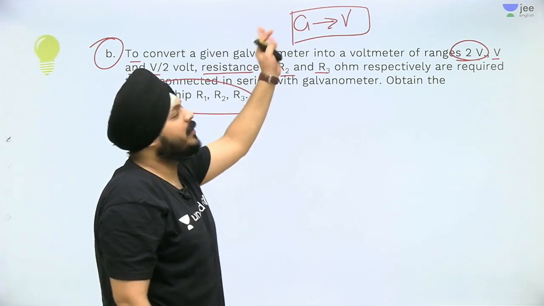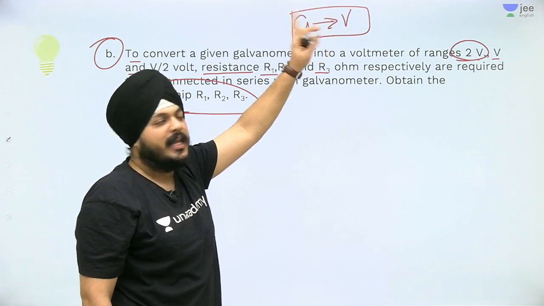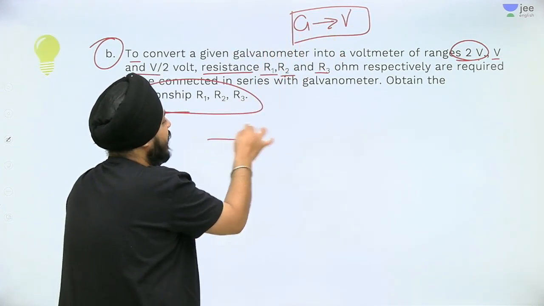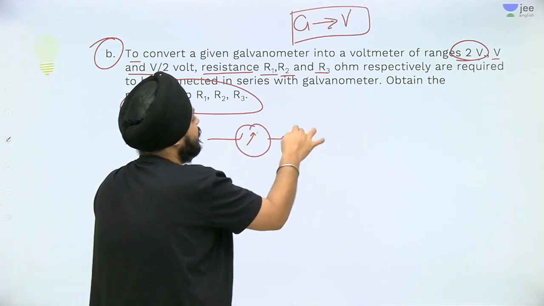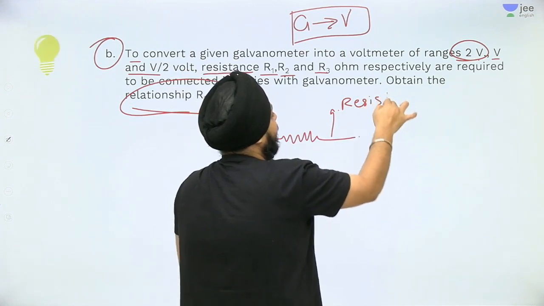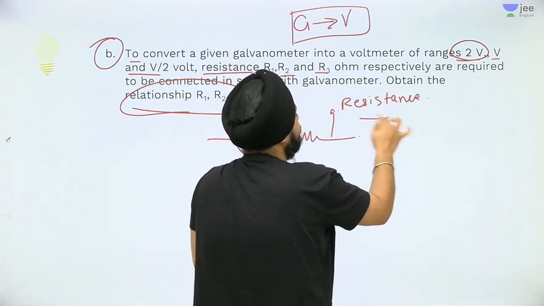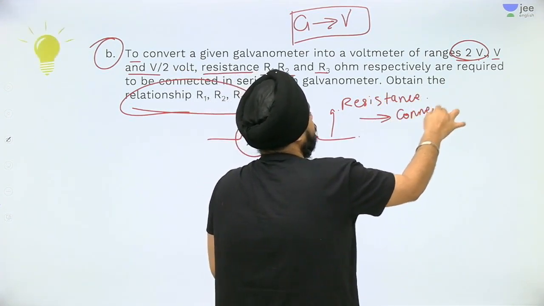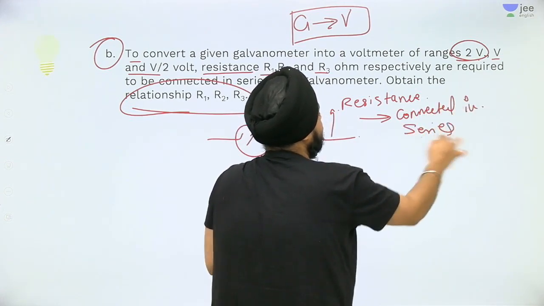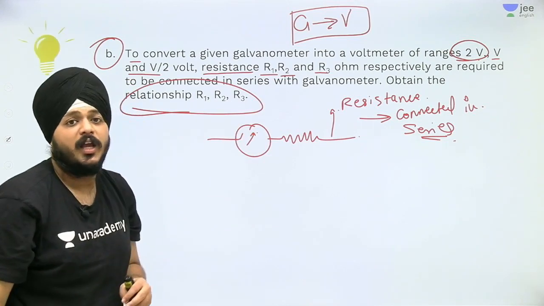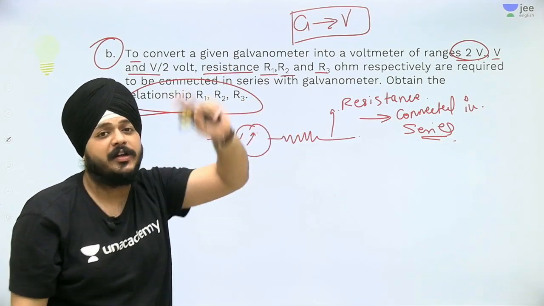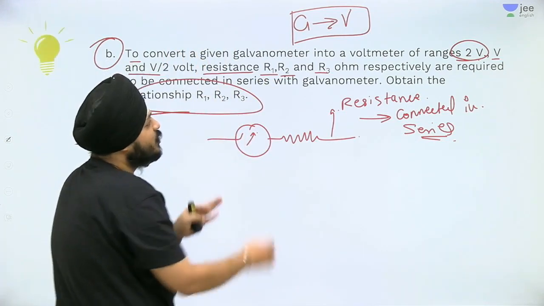Suppose this is a galvanometer. To convert this galvanometer into a voltmeter, a resistance is connected in series. Why? Because by using this galvanometer, we are able to measure the potential difference between two points.